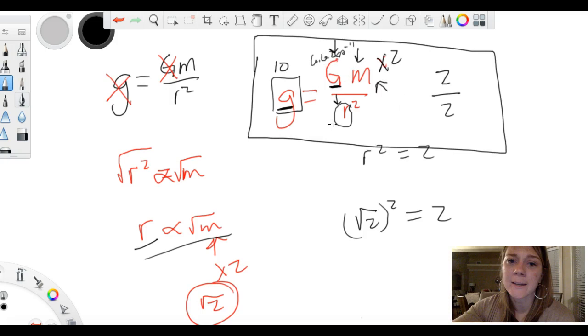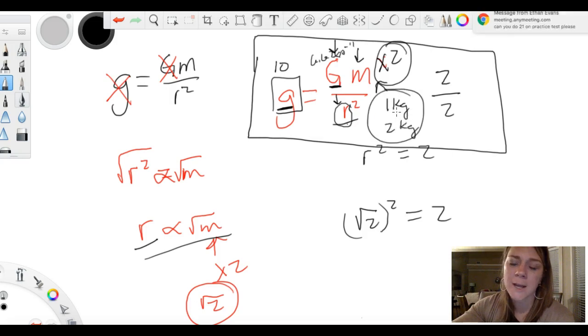Solve for R. Then you could go in and double that mass you created. So let's say the mass you created was 1 kilogram. The next time you solve for R, you're going to plug in 2 kilograms. You can make up whatever mass you want. You just know that it needs to double.